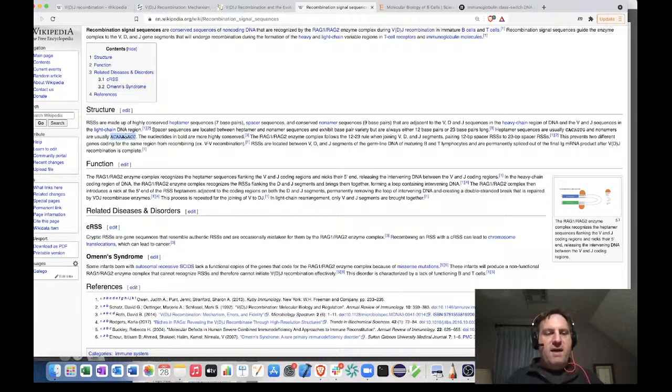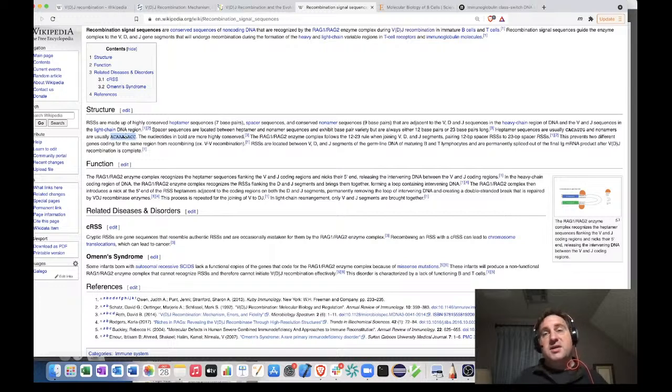So anyway, by having these specific markers, it shows the RAG1 and RAG2 genes where to cleave and to join together. Basically, it pulls together the DNA and cuts out the intervening DNA and joins it together into a new gene.